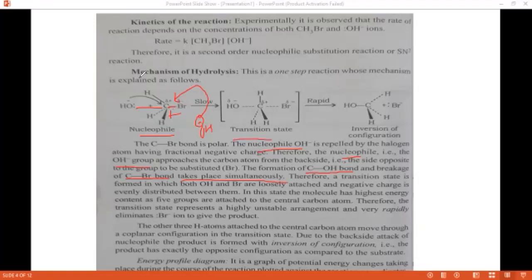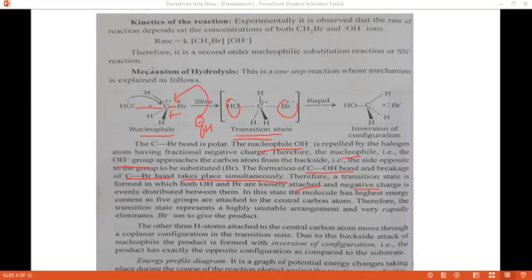Therefore, a transition state is formed in which the hydroxide and the bromine are loosely attached, and the negative charge is evenly distributed between hydroxide ion and bromide ion.